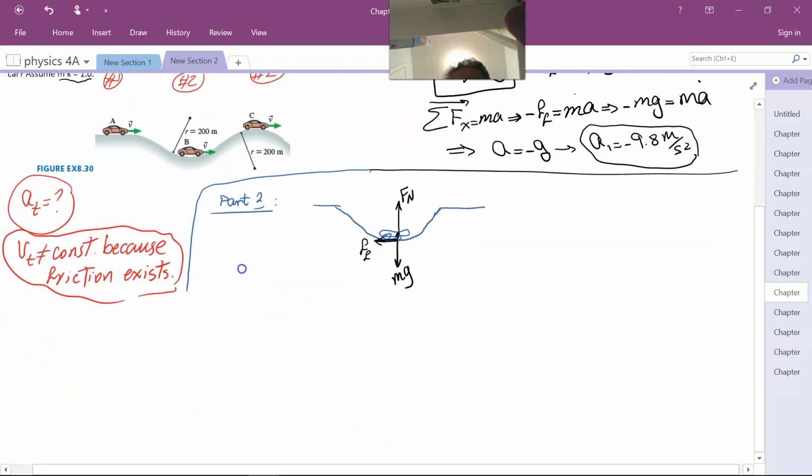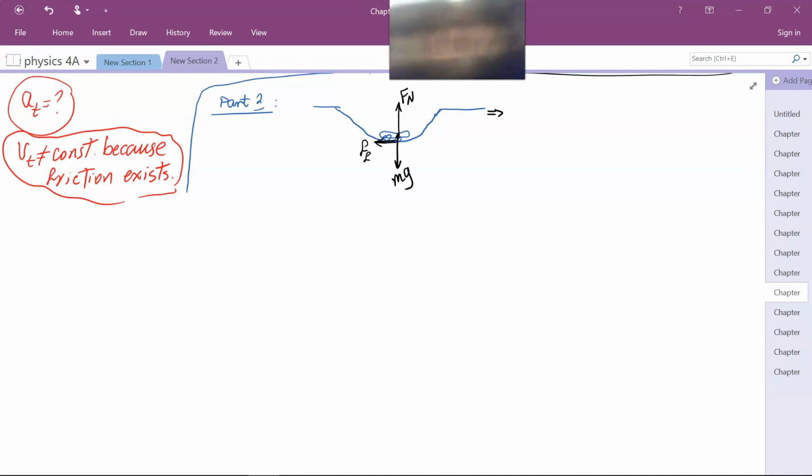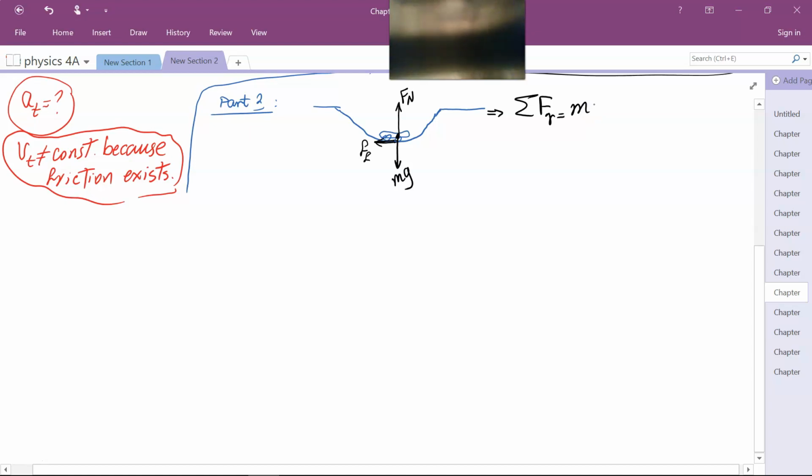Now here, in part 2, again I have to find sigma F on the radial axis equals m v squared over r.